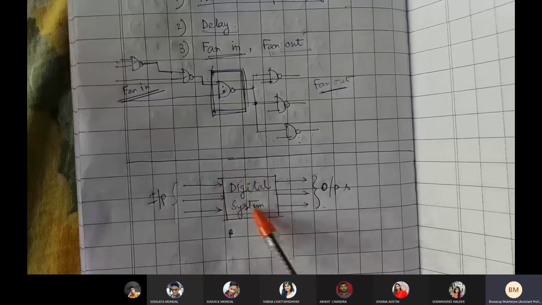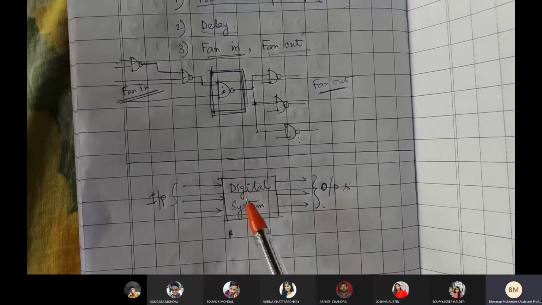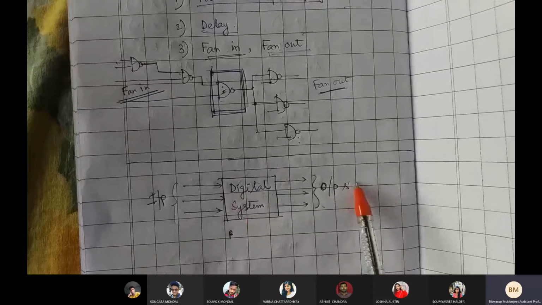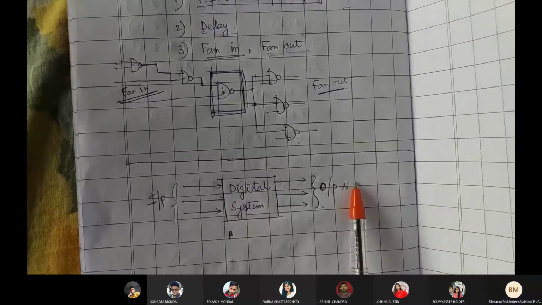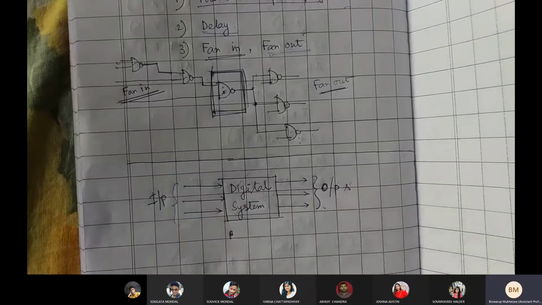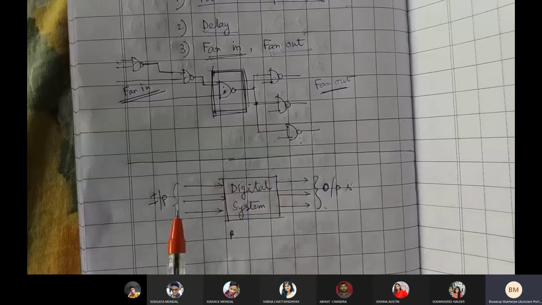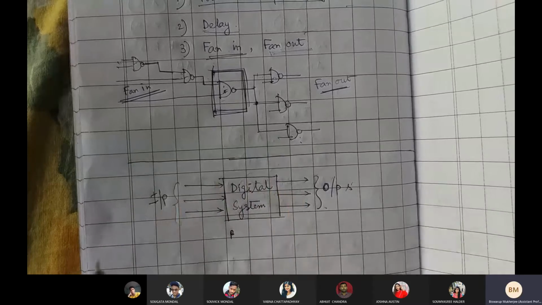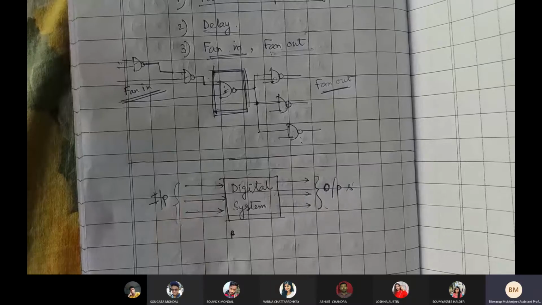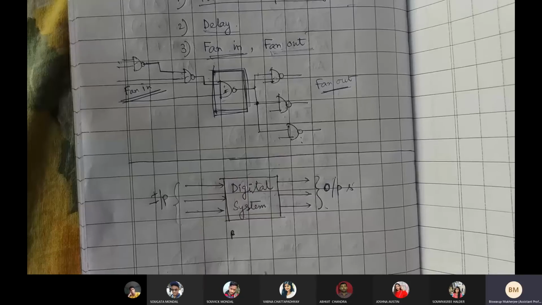If the process gets poor, monkeys will come out, right? If the process is good, students will come out. Right? Some jewel students will come out. So that means there exists some sort of relationship between input and output. Input ar output er moddhe je process ta hocche, there must exist some sort of relationship.